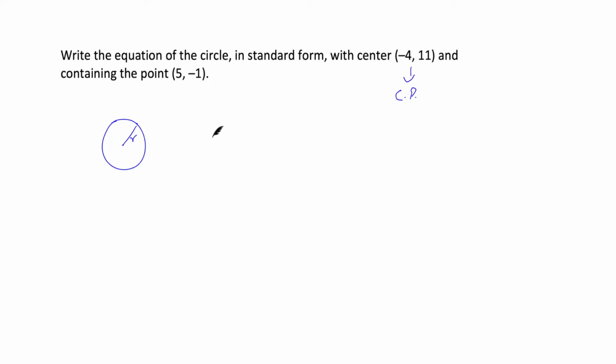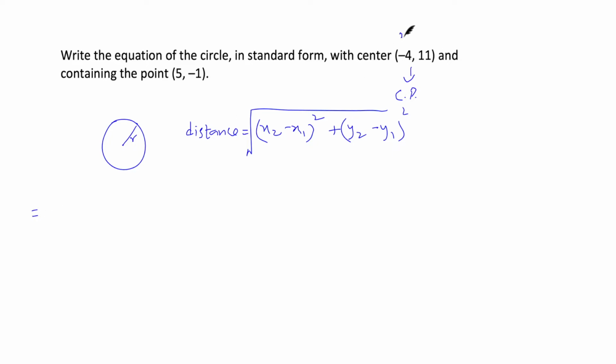And I am assuming that you know how to calculate the distance. Distance is basically the square root of (x2 minus x1) whole square plus (y2 minus y1) whole square. So let's plug in the values and first calculate the distance.